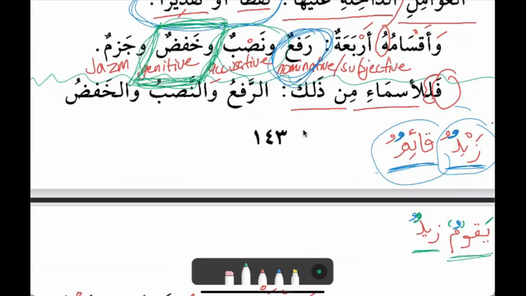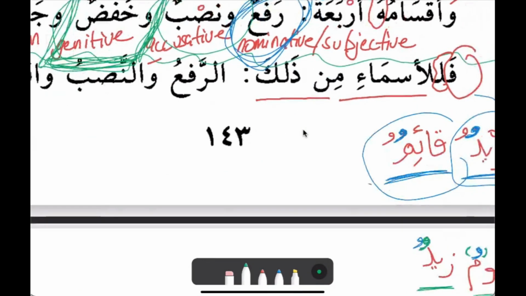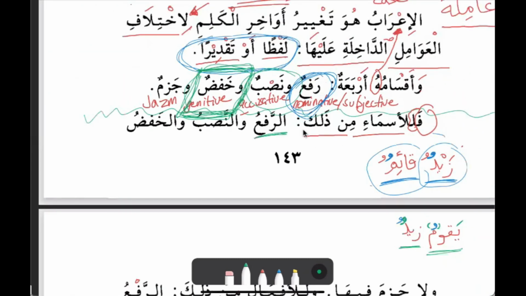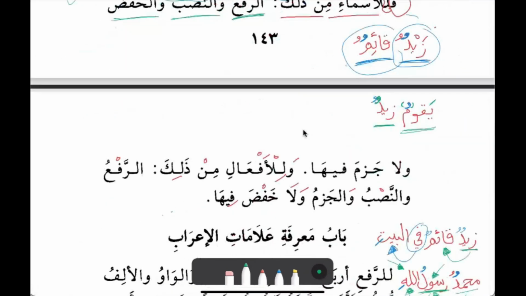فَلِلْأَسْمَاءِ مِنْ ذَلِكَ. So concerning the nouns out of these four categories, there is al-rafa, nominative, wal-nasb, accusative, wal-khafd, genitive, وَلَا جَزْمَ فِيهَا, and there is no jazm for a noun. Doesn't exist, doesn't apply. وَلِلْأَفْعَالِ مِنْ ذَلِكَ, and for the verbs, there is a rafa.